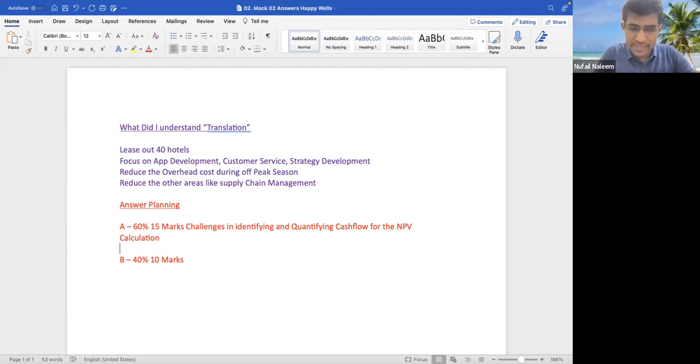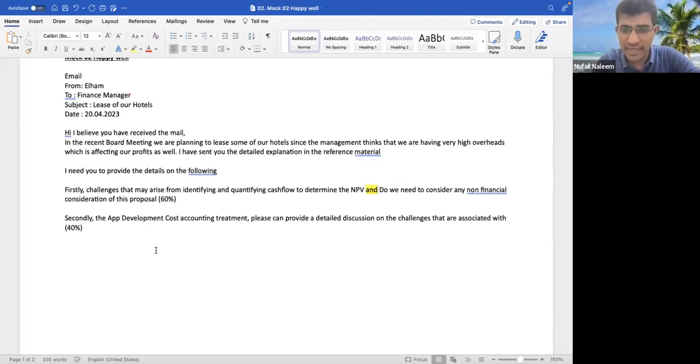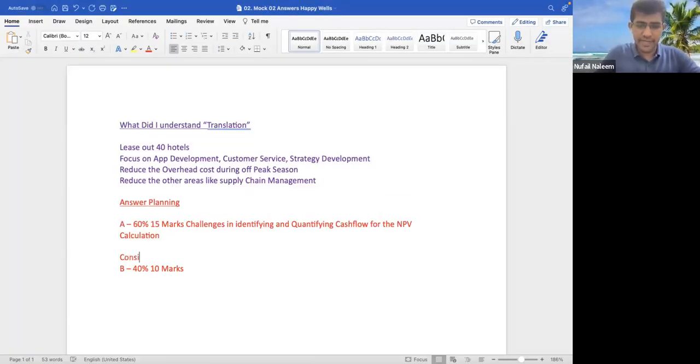And in the same question, another point of view for you all, if I'm not mistaken, students, just to make sure. Consideration of non-financial factors. So I'll write down here, consideration of non-financial factors. This is also one more point.